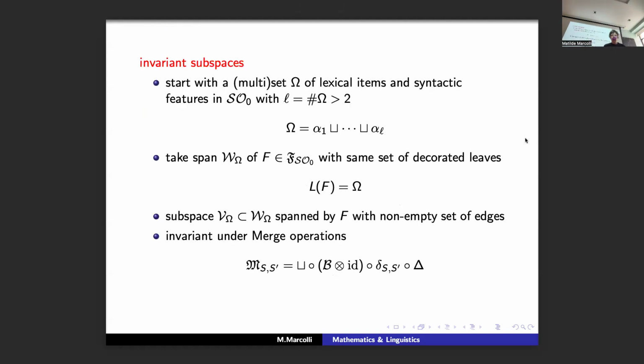Okay, so what about our merge operations that we've been looking at? Let's suppose that you fix a certain starting set. I guess we'll finish this next time, but basically you start with your workspace, which has all your collection of lexical items, and that's where you start applying this dynamical system.